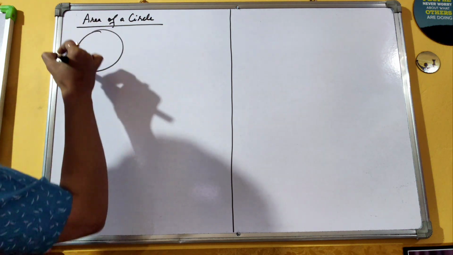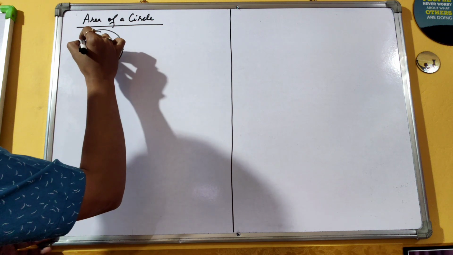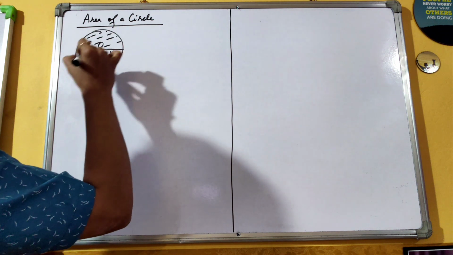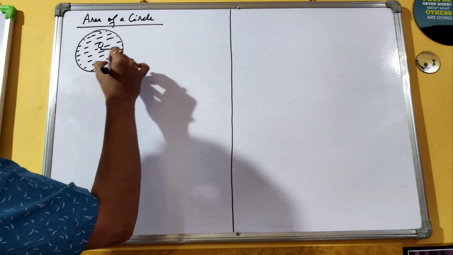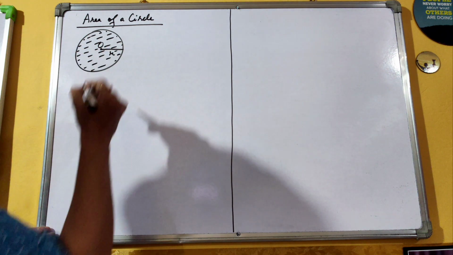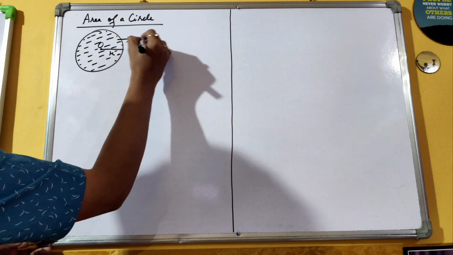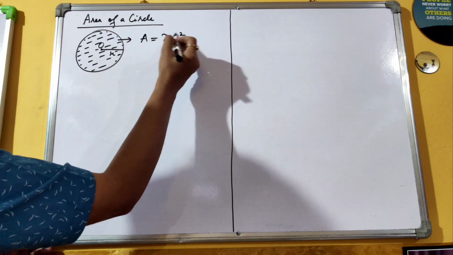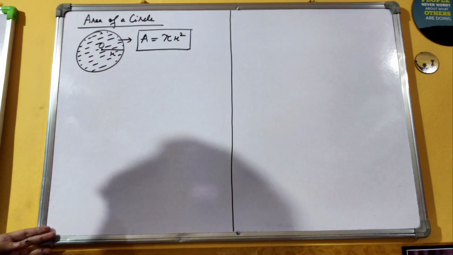If that's a circle, that's center O and that's the radius. If you define the area, that's nothing but the area of the circular region. Area is denoted by A, equal to pi r square. Pi times the square of the radius. That's the area of a circle.